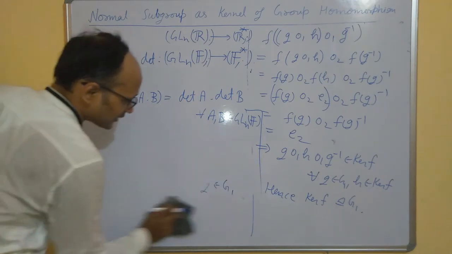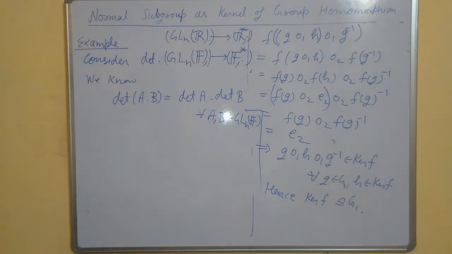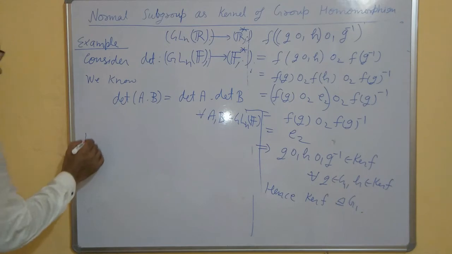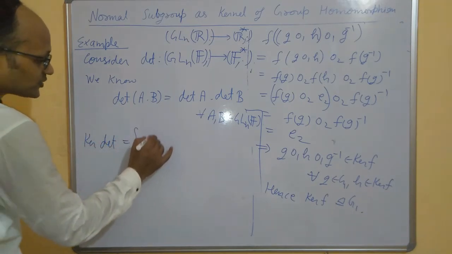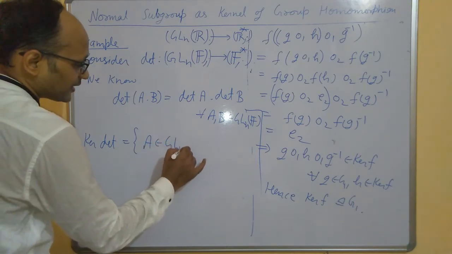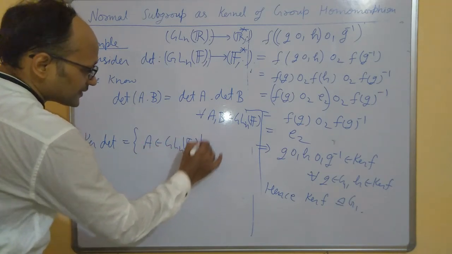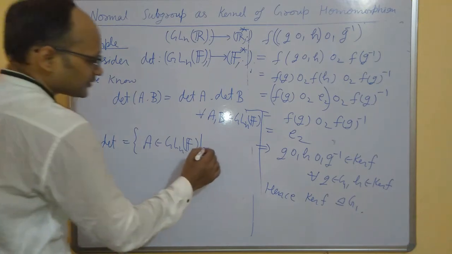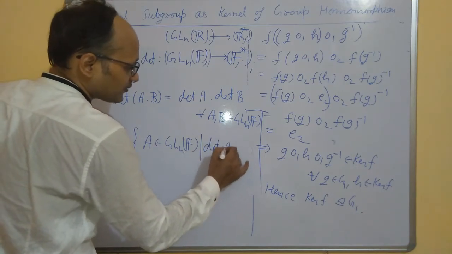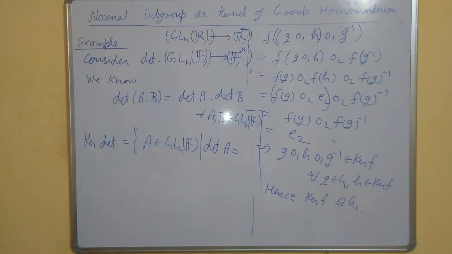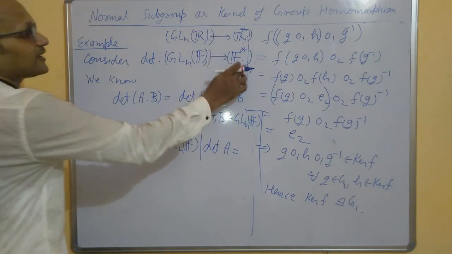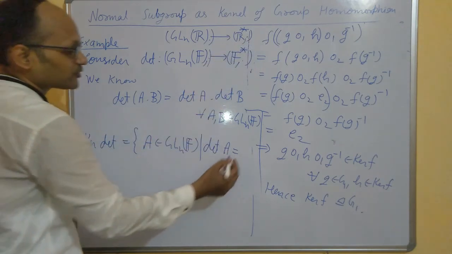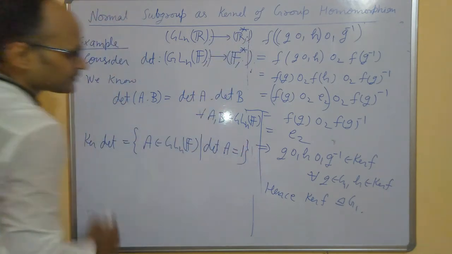Now let us see what the kernel of this map is. The kernel of the determinant map is those A in GL_n(F) such that the determinant of A is equal to the identity of this group. And what is the identity of this group? This is a group with respect to multiplication of scalars or real numbers, so the identity is 1.